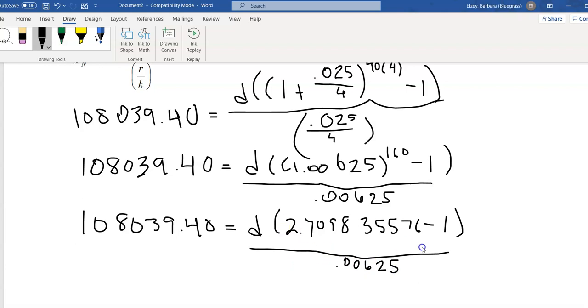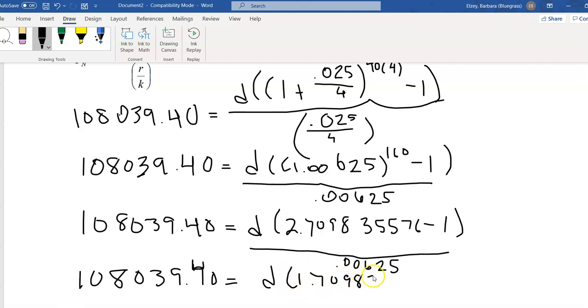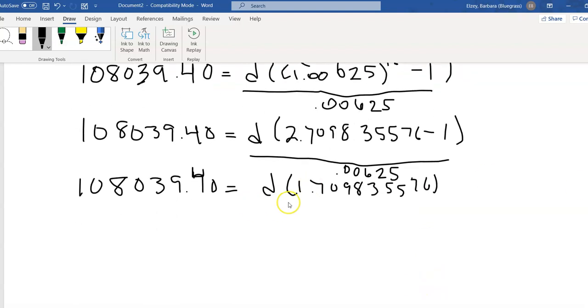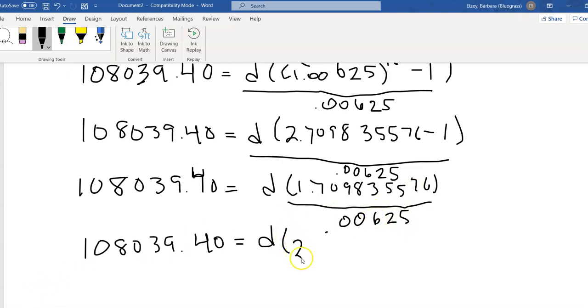All right, and then we want to subtract the 1, which is going to give us 1.709835576. And now in our next step, we can divide out the 0.00625. So I'm going to go ahead and do this divided by this. And that gives 273.5736922.